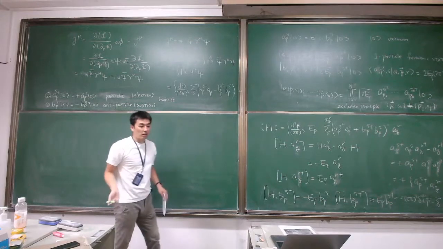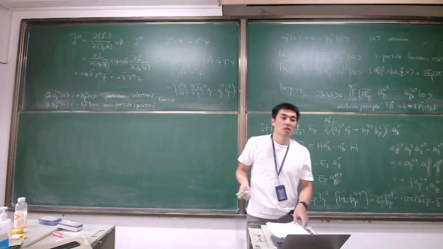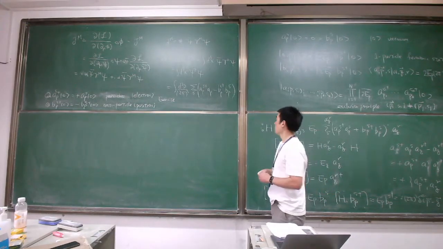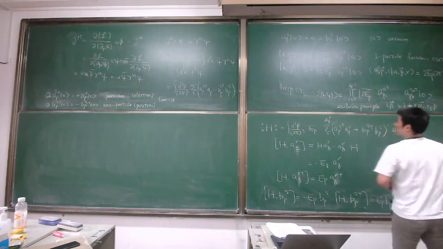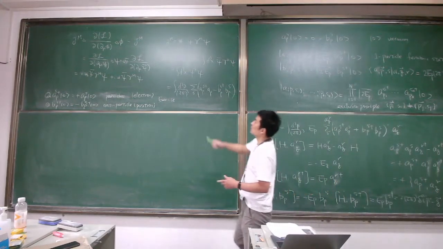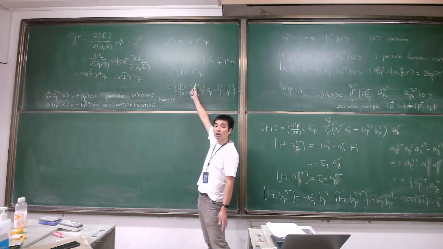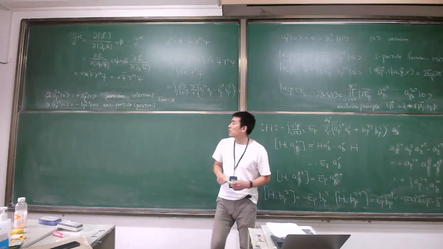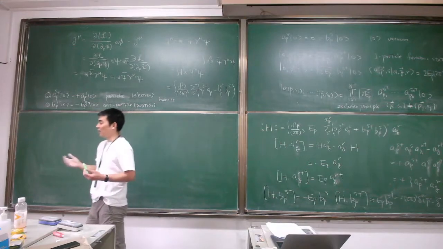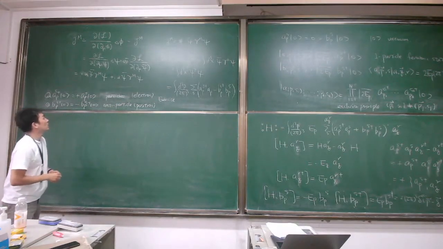So electron and positron have opposite charges. Therefore, the quantum number that distinguishes A and B is this charge Q, the electric charge.